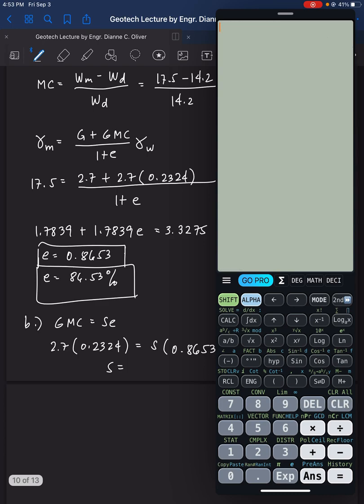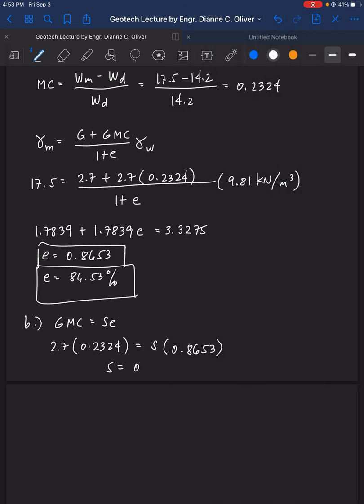Okay. So 2.7 times 0.2324 divided by 0.8653 equals 0.7252. So 0.7252, or that is in percent, 72.52%.